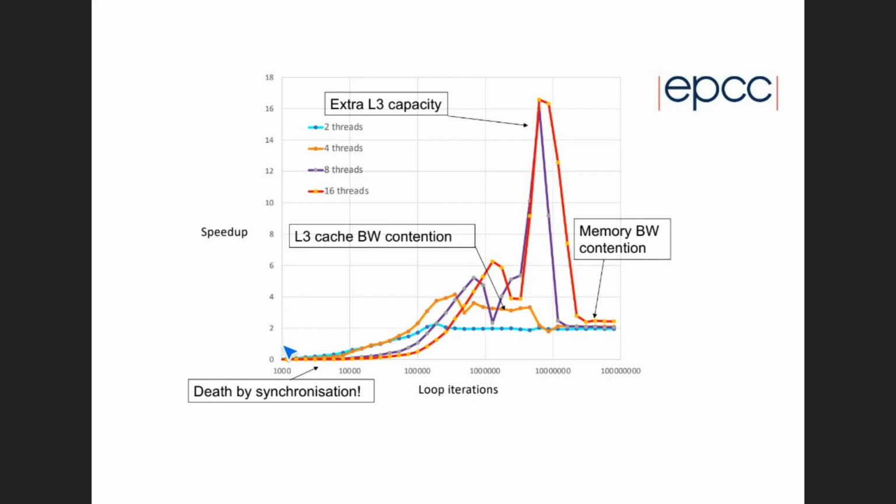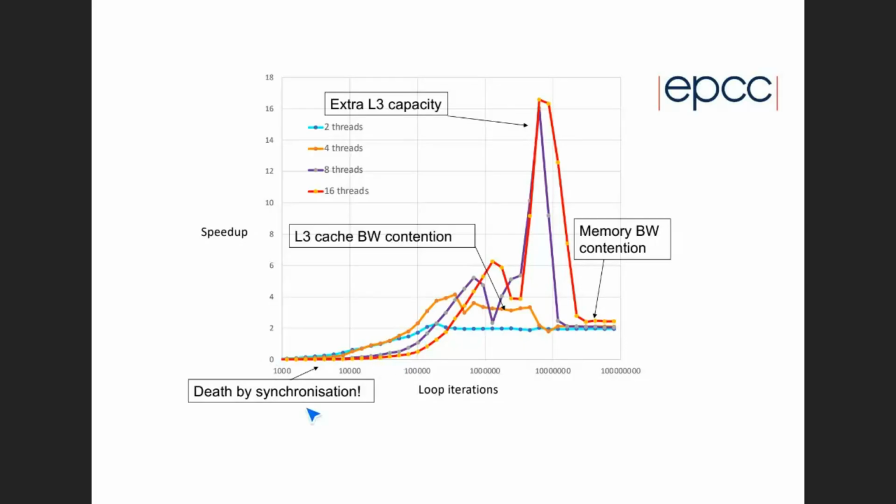Going back to the idea that you have to have enough computation inside a loop to overcome the overheads of starting a parallel region, stopping the parallel region and synchronizing the threads. It turns out that I need of order of tens of thousands of loop iterations just to break even here, to get to a speed up of 1.